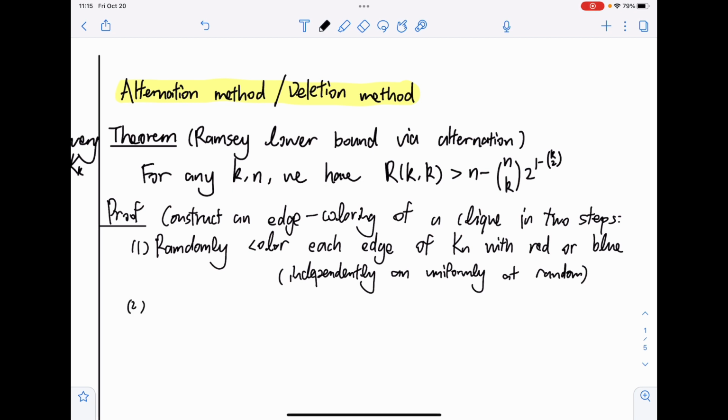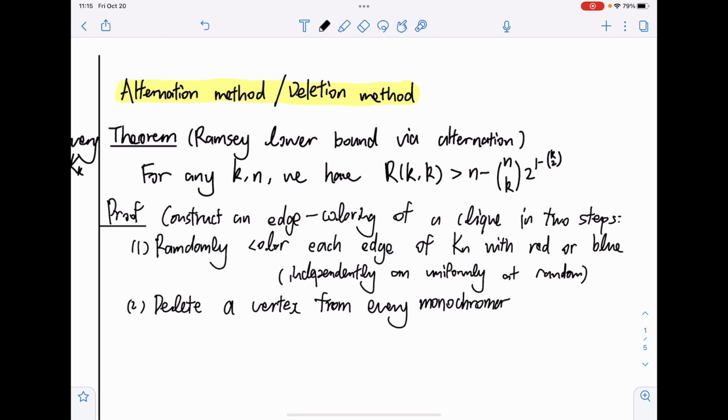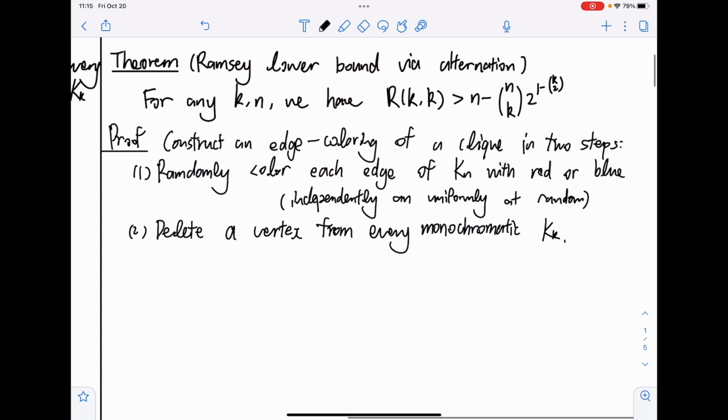And the second step will be we delete exactly one vertex from every monochromatic K_k, the complete graph on k vertices.